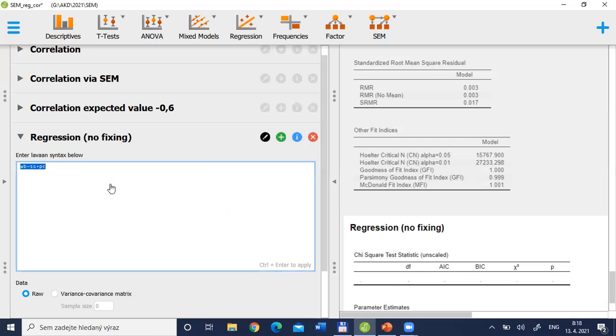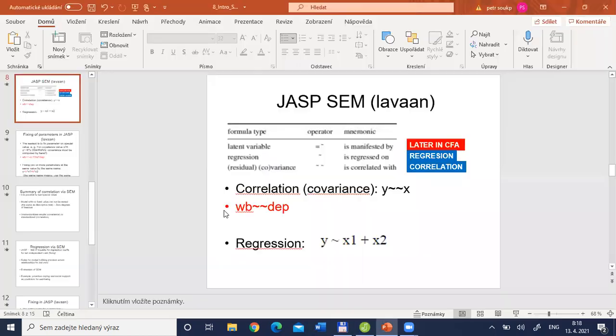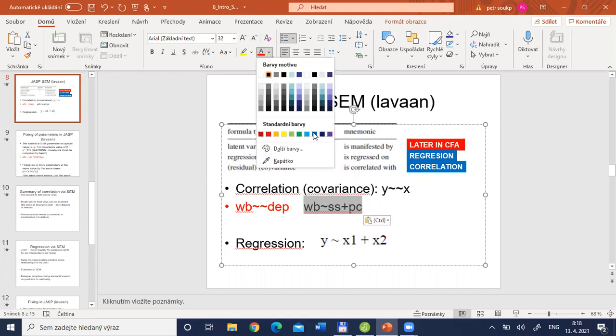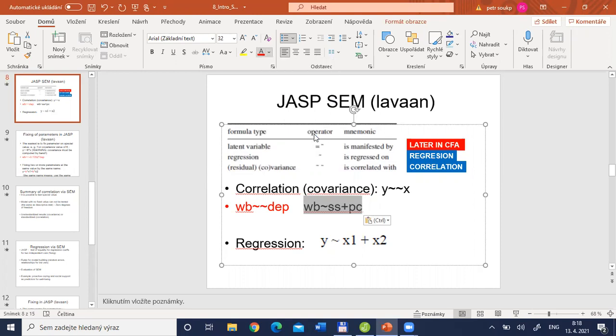So once again, I would copy this equation to the presentation. So here it is, this is my regression equation for today. This blue formula is the formula for which we will compute the result.